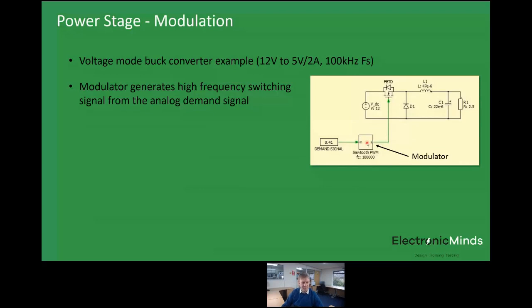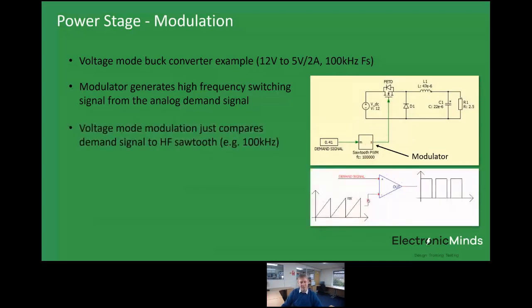And in a voltage mode feedback system, that modulator typically achieves its behavior by comparing the demand signal coming in here, where my mouse is, to a reference high frequency sawtooth waveform here. So if we're running 100 kilohertz, you would have on this comparator inside the modulation block on one pin this sawtooth going up to a V peak value, and then we'd have the demand signal coming in on the other pin. And the output of that PWM comparator becomes the modulated switching signal, which is going to the MOSFET.